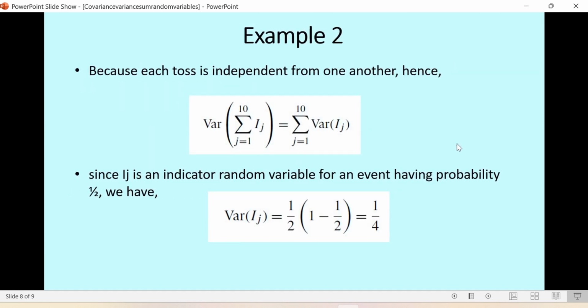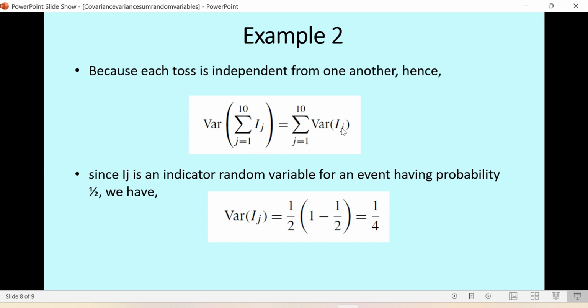Similarly, we can calculate the variance of each Ij first. Then because they are independent, the variance of this summation is the sum of the variances of each random variable, right?